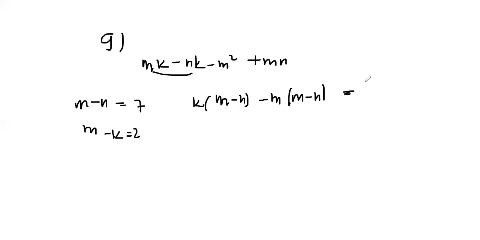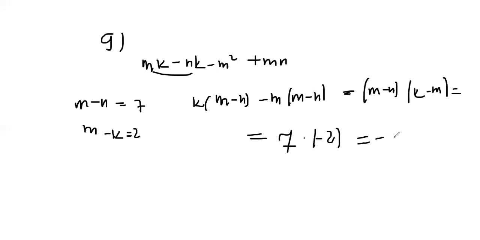So it's going to be m minus n times, because m minus n is again the common factor, k minus m. This gives us the meaning: m minus n equals 7, so it's 7 times. When we have m minus k equals 2, we can change the places of k and m and it becomes k minus m, which is minus 2. 7 times minus 2 makes minus 14.